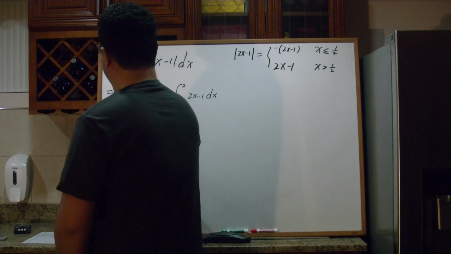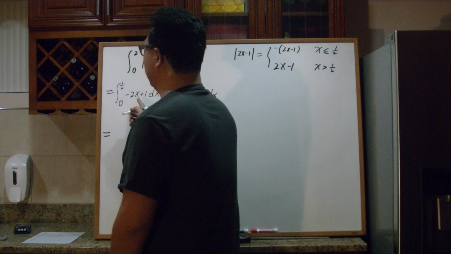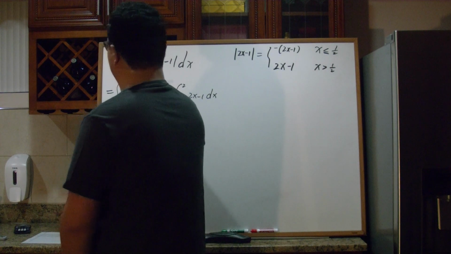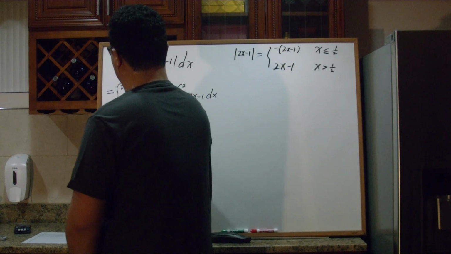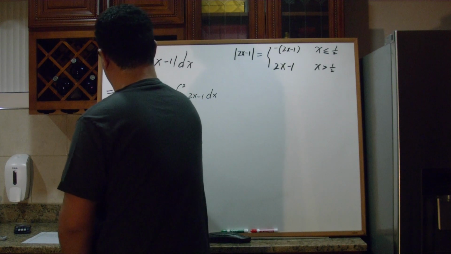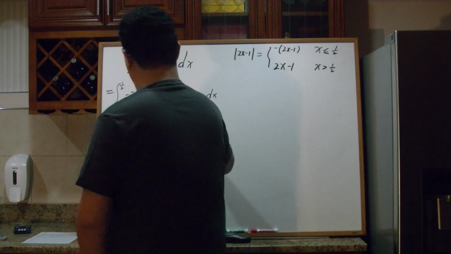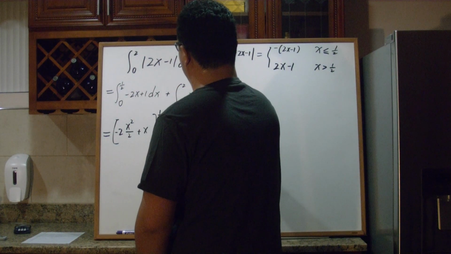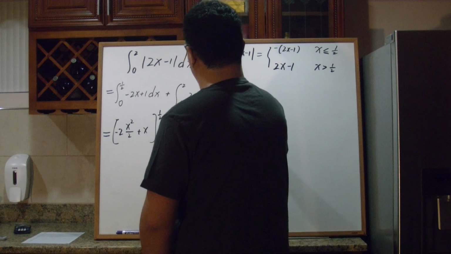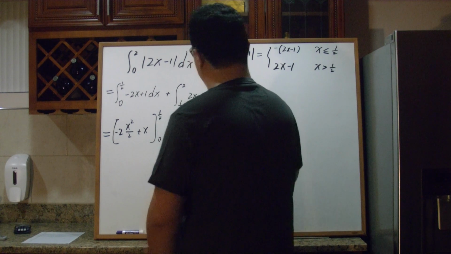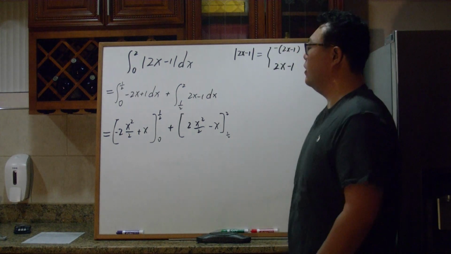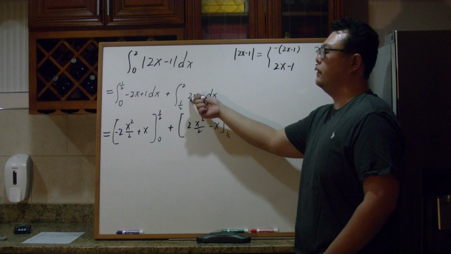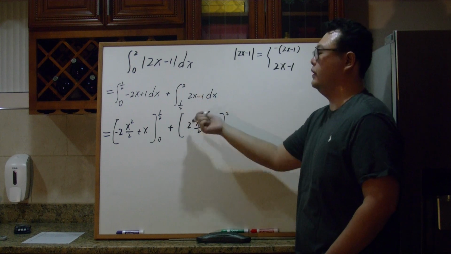So from 0 to 1/2, we have the function negative 2x plus 1, with antiderivative x squared over 2 minus x. We just apply the power rule: the derivative of x squared will give us 2x.